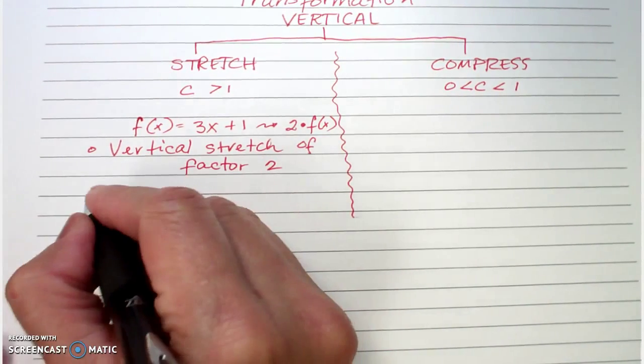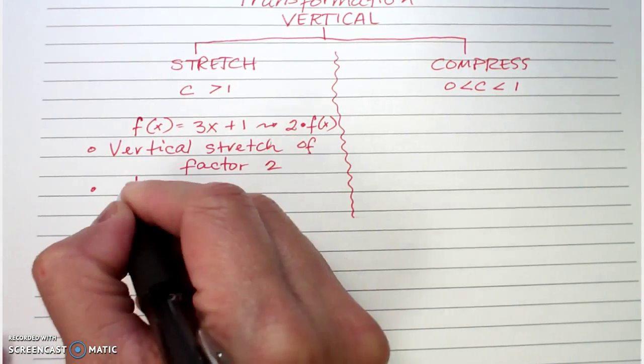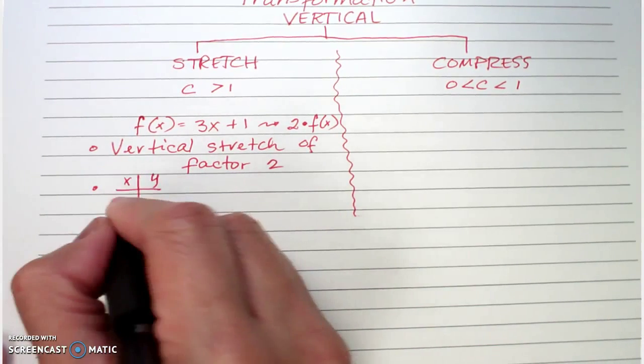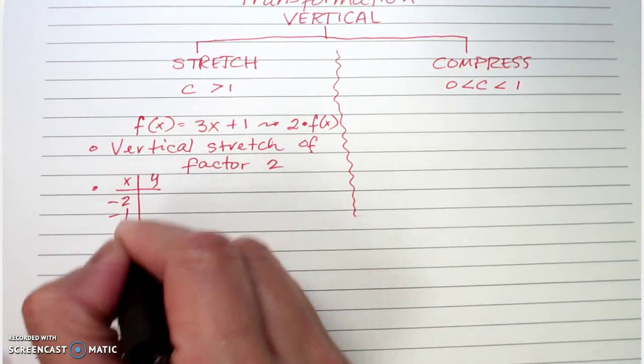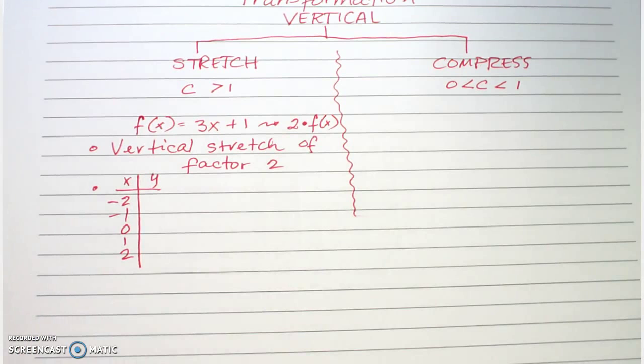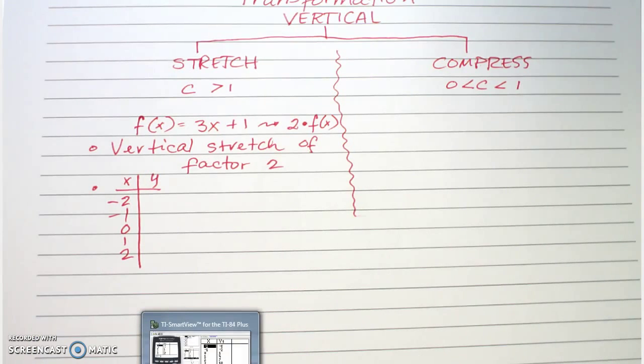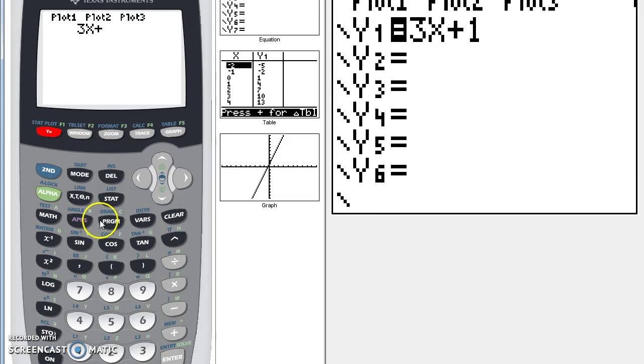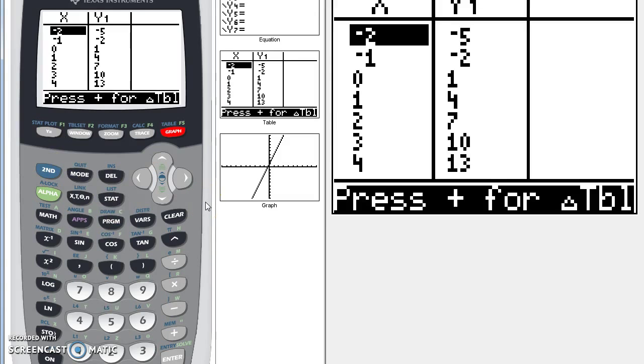Your table would look like this. X, Y, I still want my domain as -2, -1, 0, 1, 2. And for convenience, you're going to just plug this in on your y equals 3x plus 1. And you're going to go to table, that second graph, and you're going to look for all the range when your domains are -2 to 2.